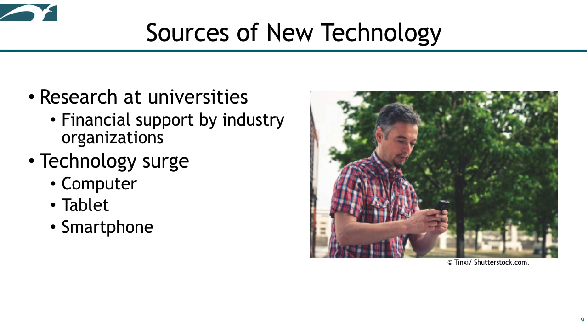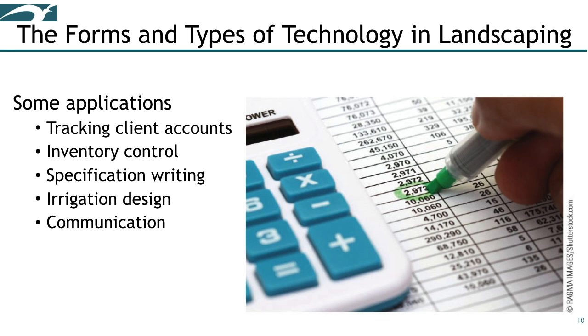Other surges in technology are the computers, the tablets, and the smartphone. They help push the industry further. There are many other forms of technology in landscaping. For example, the tracking of client accounts, inventory control, specification writing, irrigation design, and communication. All of these can be done in a computer-aided form.